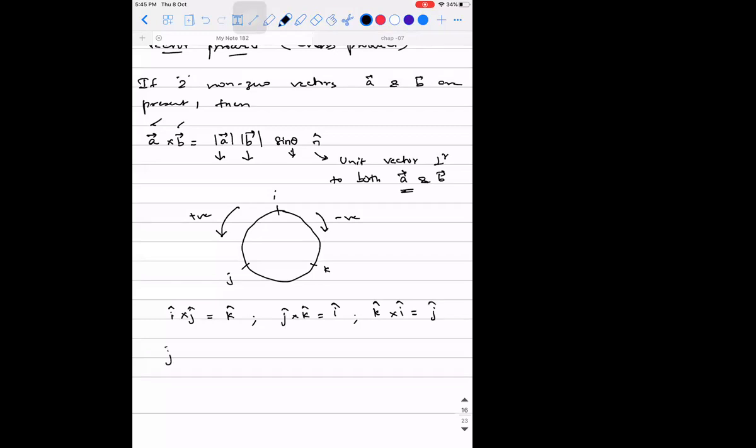Whereas if you do j cap cross I cap, it will be minus k cap. Similarly, k cap cross j cap will be minus I cap, and I cap cross k cap will be minus j cap. These are all the other important points to be kept in your mind. I hope it is clear. Yes, sir. Okay.